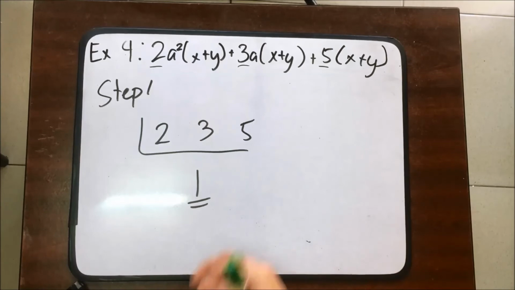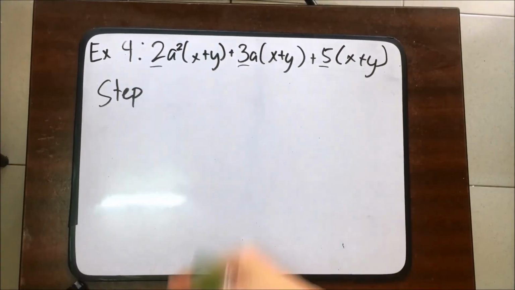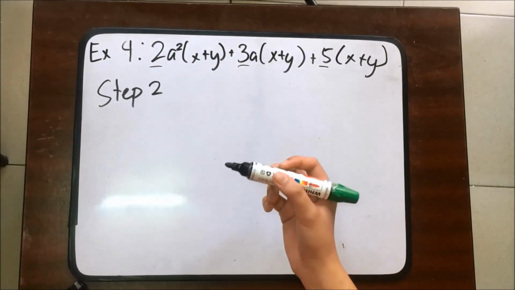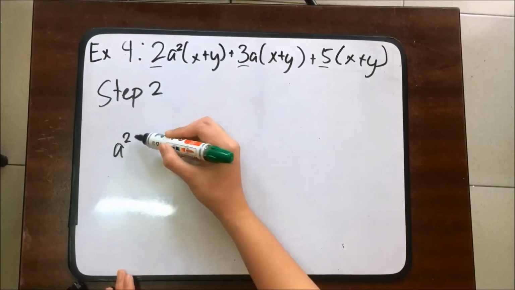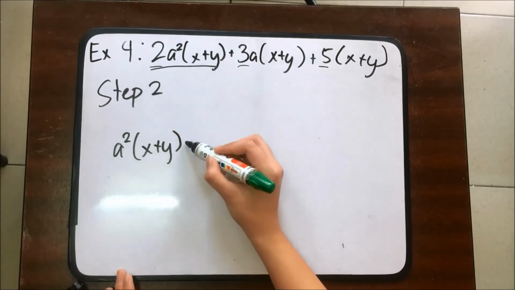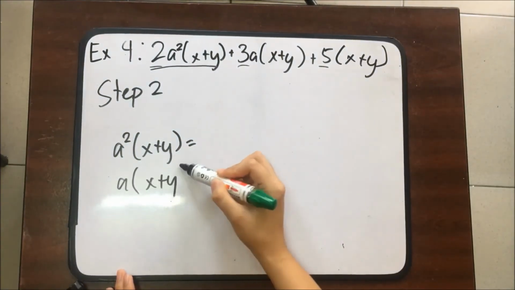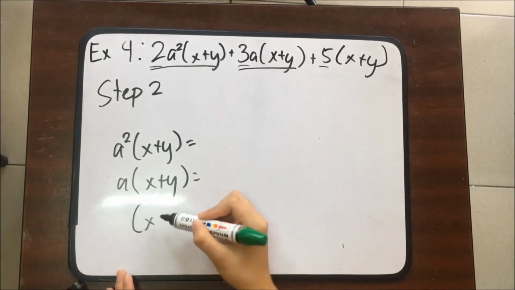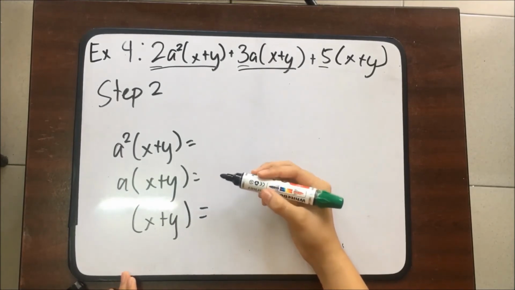Now let's go to our next step. Step number 2. Find the GCF of the variables. So our variables are a squared times the quantity x plus y for the first term, a times the quantity x plus y for the second term, and x plus y for the third term. So let's list their factors.